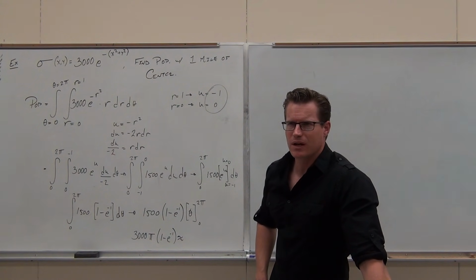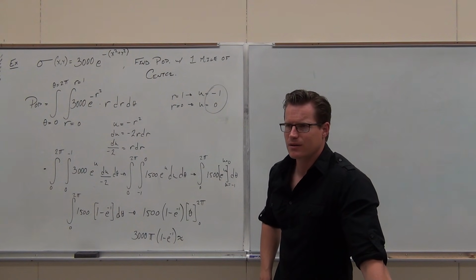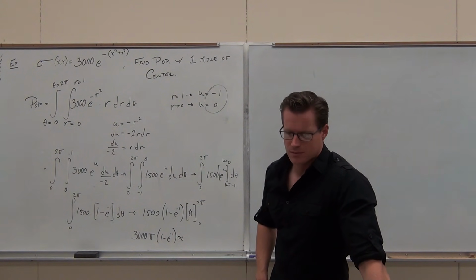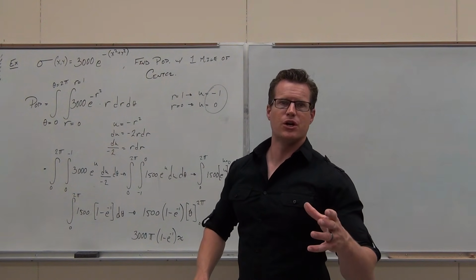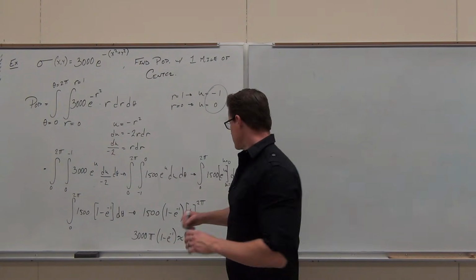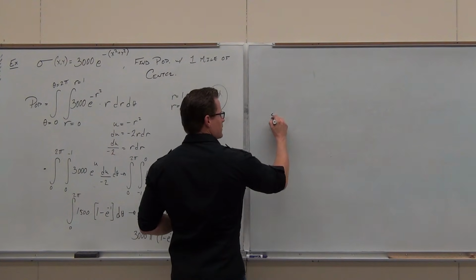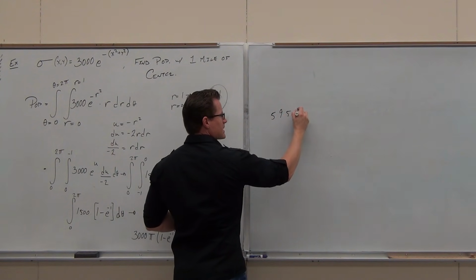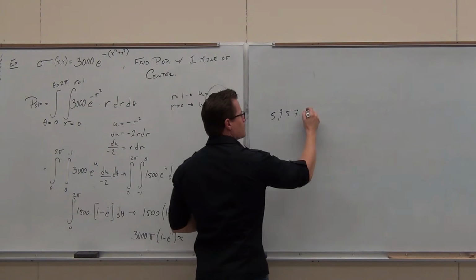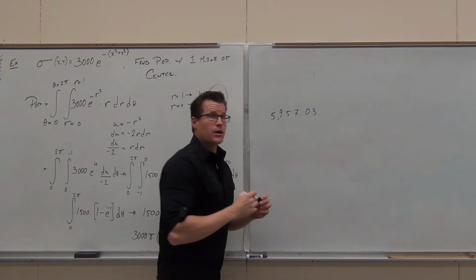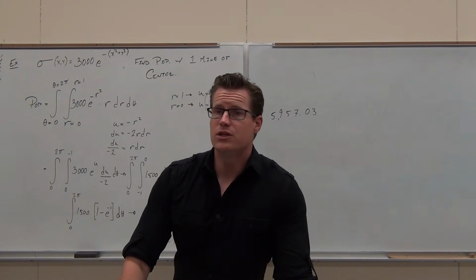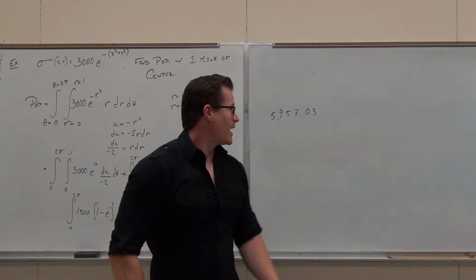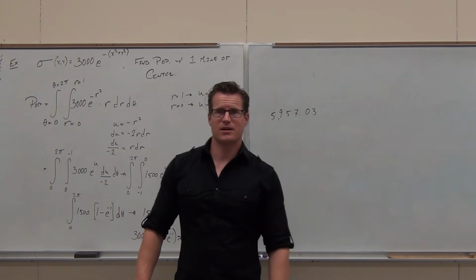Just have a calculator, did you work it out? What'd you get? I got like 5,957.559. Okay, so 5,957 point something, and I want you to know this. Can you have 0.03 of a person?